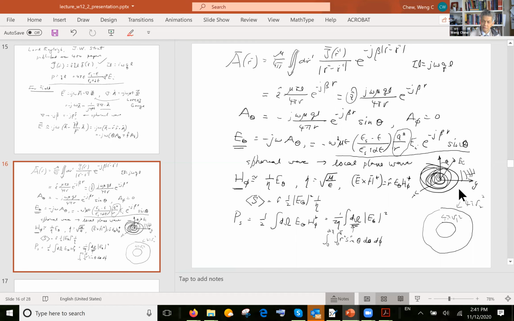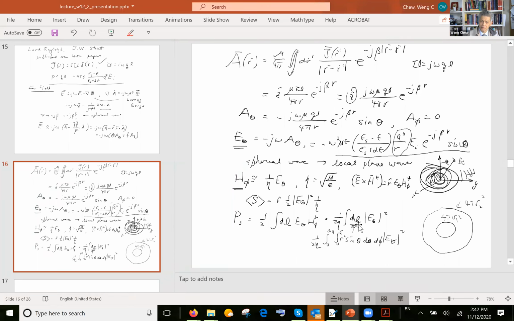So a spherical wave has to decay as 1 over r, and its total power has to decay as 1 over r squared. And then when you plug it in here, if you do this integral carefully, this r squared coming from here will cancel this r squared.